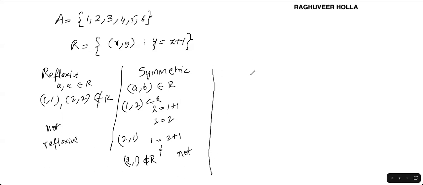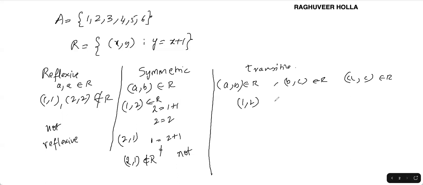Now let us look at the next part, whether it is transitive. Transitive is the case where a comma b belongs to R and b comma c belongs to R, and then a comma c belongs to R. Now let us look at 1 comma 2 and 2 comma 3.